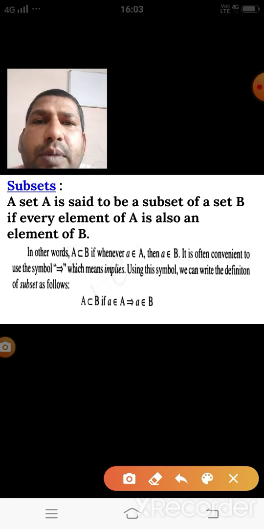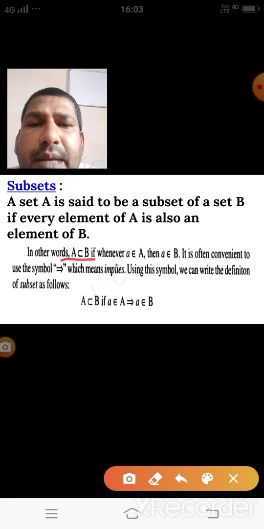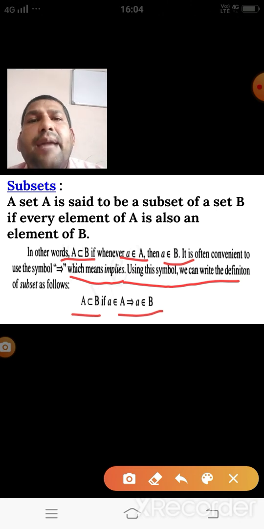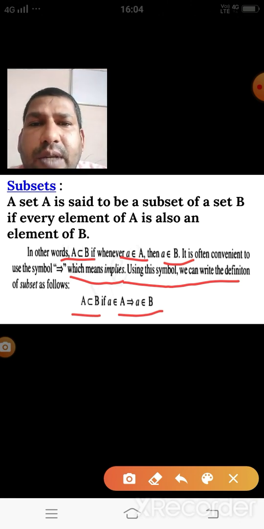A set A is said to be a subset of set B if every element of A is also an element of B. In other words, A is a subset of B if a is an element of A implies that a is also an element of B. It means if the same element lies in both sets, then we use this symbol to define A as a subset of B. If we are getting the same elements in different sets, then we are able to classify which one is the subset and which one is the superset.